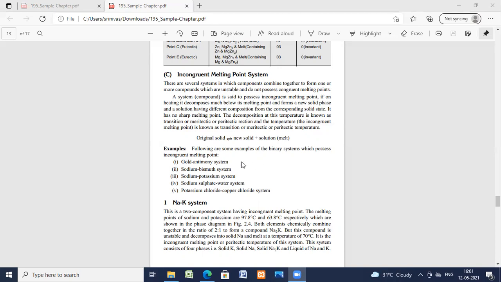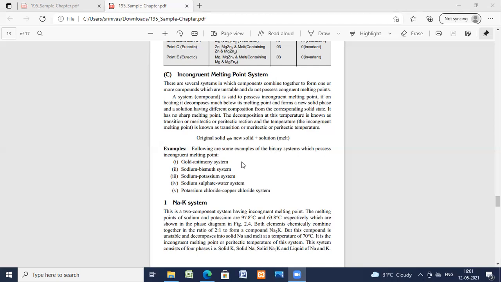What is a component? It is denoted by C. The number of components in a system is the smallest number of independently variable constituents by means of which the composition of every possible phase can be expressed with a formula.